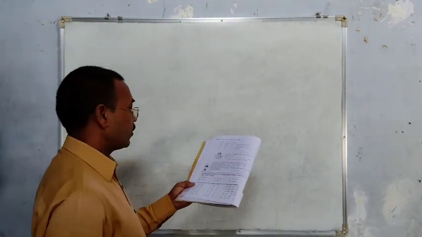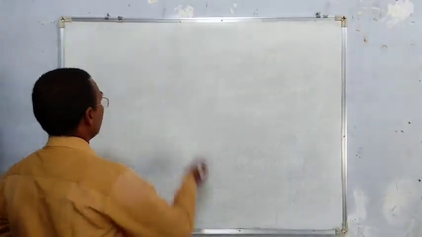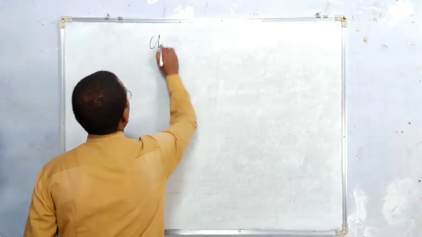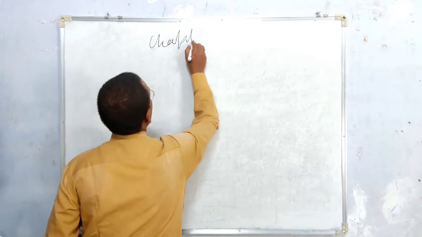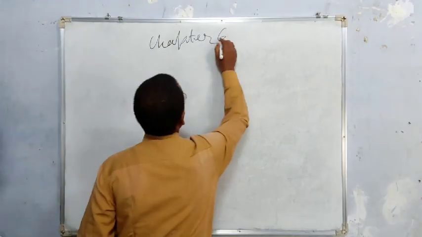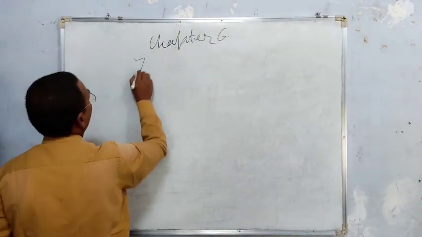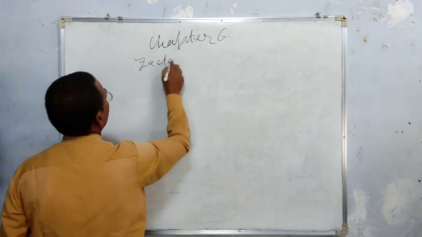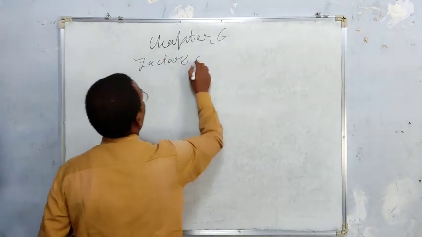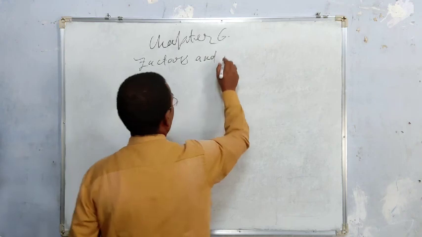Chapter number 6. First write the chapter number. Chapter 6, Factors and Multiples.